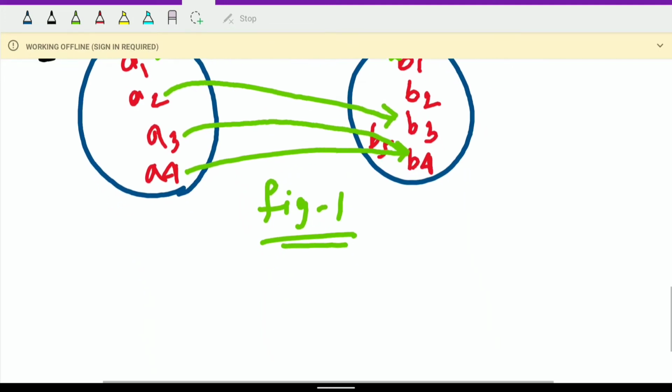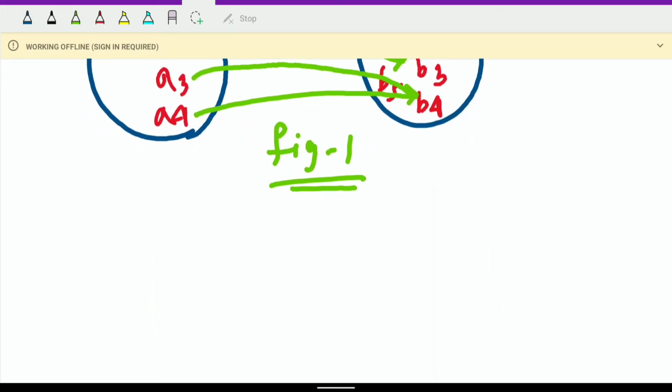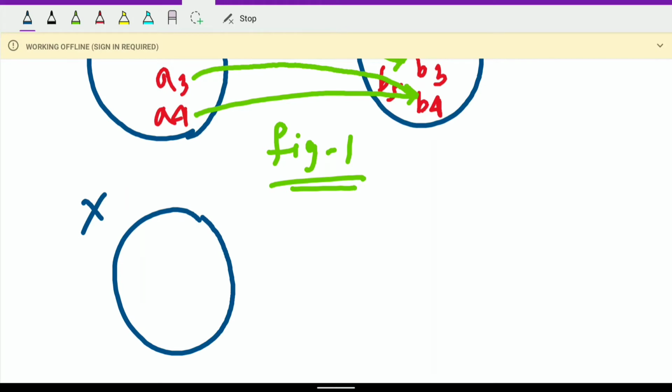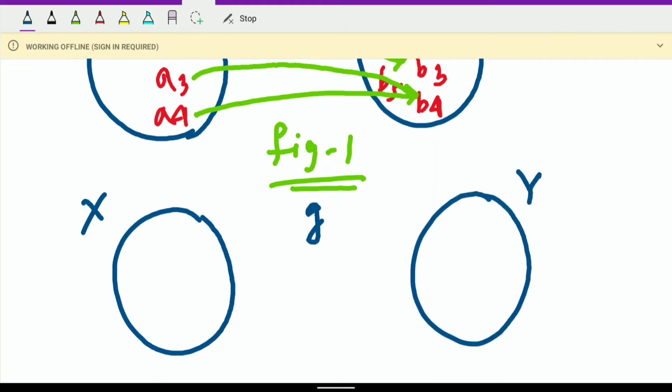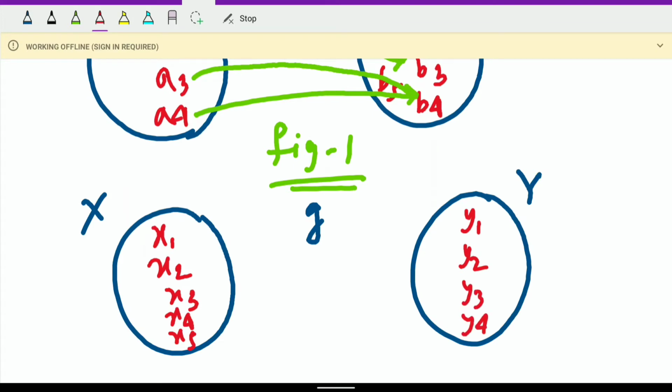You can see. Now let me draw another picture. So this is x, and this is y, and the associated function is g. Now x1, x2, x3, x4, x5, and here y1, y2, y3, y4.